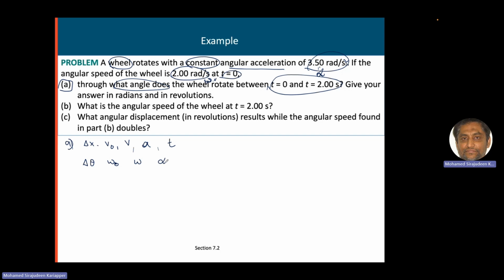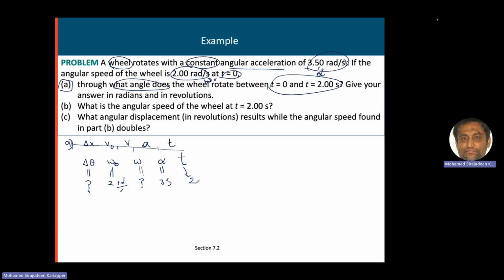Instead of a, I will ask for alpha, and the time. That's it. That is the question: he is asking for delta theta. Is omega initial given? Yes, 2 radian per second. Is omega final given? No. No problem. Alpha is given, 3.5. And time is given, 2. Three given things, only 2 unknowns. That means I can find both of them.